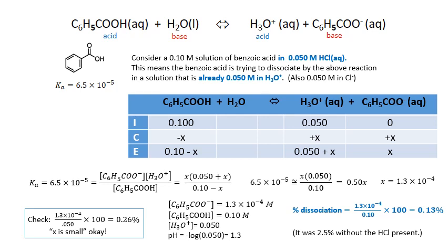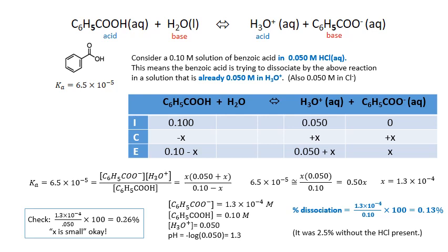The benzoic acid is much less dissociated in 0.05 molar HCl than it is in pure water: 2.5% in pure water, 0.13% here. That's a factor of roughly 20, so that's a significant effect.